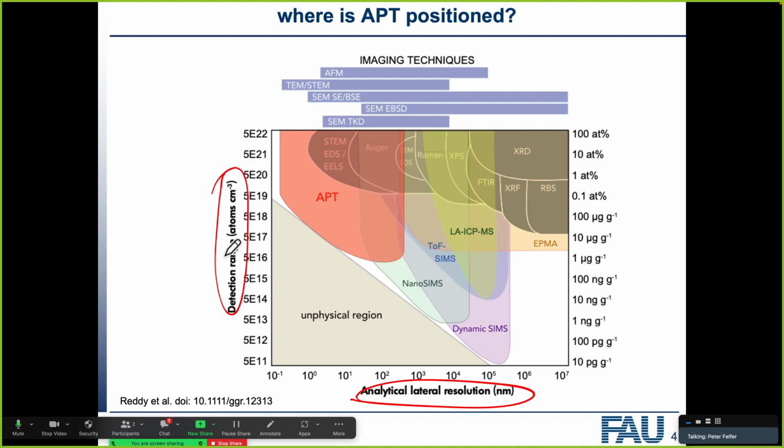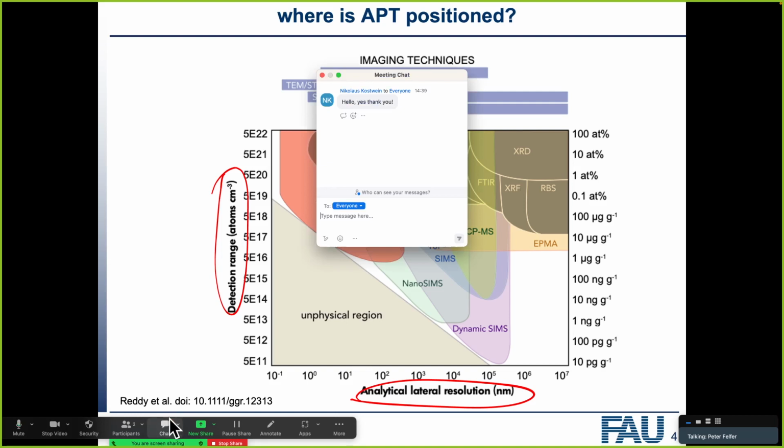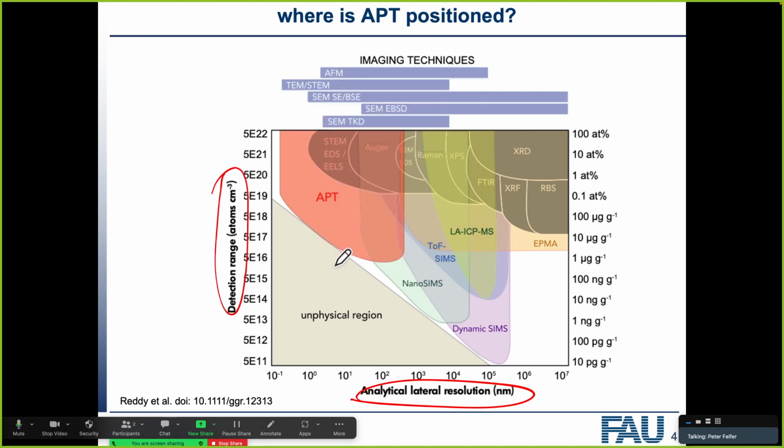So essentially, the sensitivity is more or less limited by the detection count of the atoms. So if we take a measurement, we're usually collecting somewhere between 1 million and 100 million atoms, which would be a typical atom probe data size.